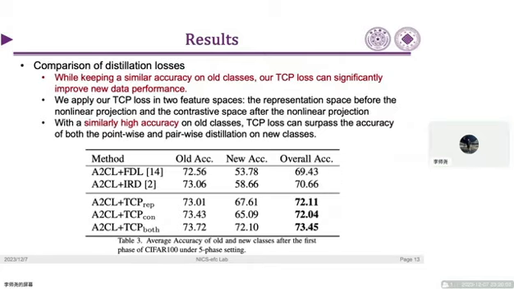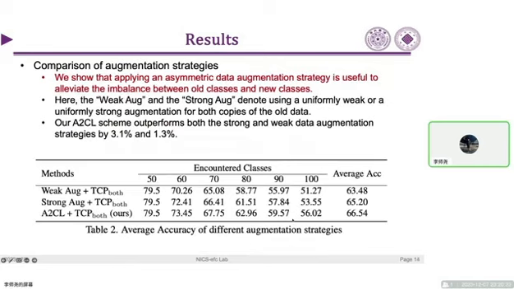Compared with the distillation loss, while keeping a similar accuracy on old classes, our TCP loss can significantly improve the new data performance, as we can see here.